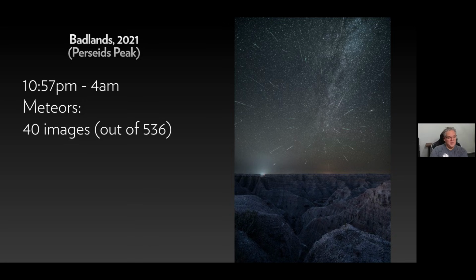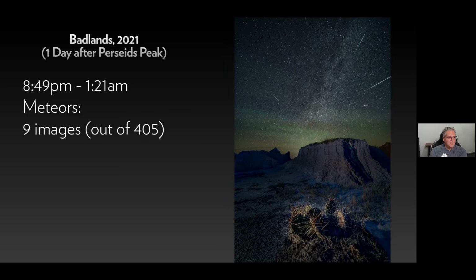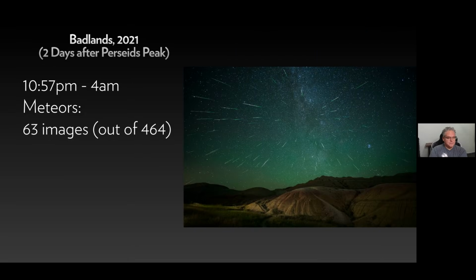So what you're starting to see here is it's a numbers game, right? In 2021, one day after the peak, we photographed the Perseids again, and there were fewer meteors. Only 9 images had it. 2 days after the Perseids peak, and we're going to spend more time with these images at the end of the presentation, but I just wanted to get you a feel. This was an outbreak.